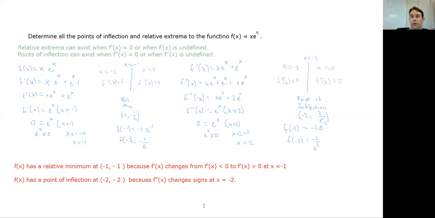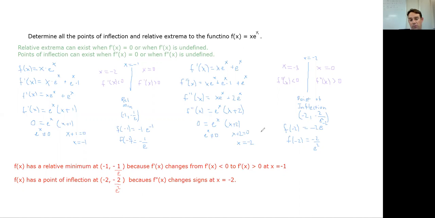And now we go ahead and clean this up a little bit. So what point was this? This was -1 over e. And this one was -2 over e squared. F of x has a relative min at -1, comma -1 over e, because f prime of x changes from less than 0 to greater than 0 at x equals -1.